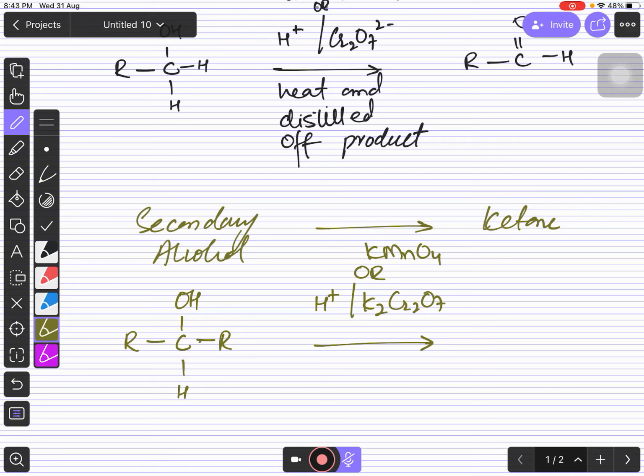Just like in aldehydes, once the aldehyde forms and you oxidize it further, it will form carboxylic acid. But here there is no next product after ketones, so you can use KMnO4 as well, because KMnO4 is a very strong oxidizing agent. If you use it in the first formation of aldehyde, it will convert primary alcohols directly into carboxylic acid. That is why we are not using this in the first formation. So it will form ketone.